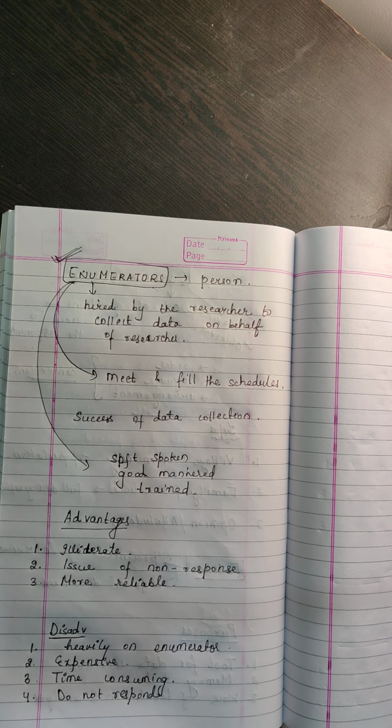So the enumerator is of great importance in the case of schedules because he is responsible for collecting data, and he will meet the respondents, ask the questions and fill in the answers.